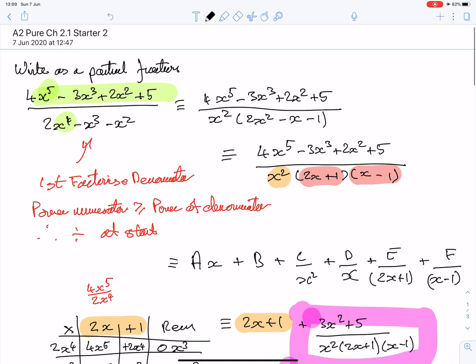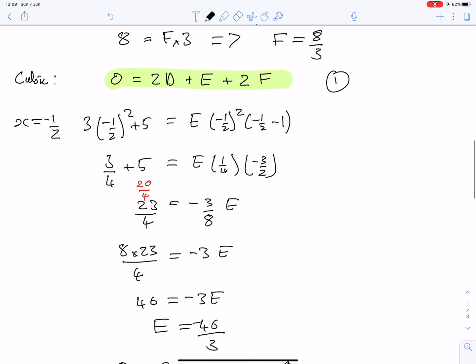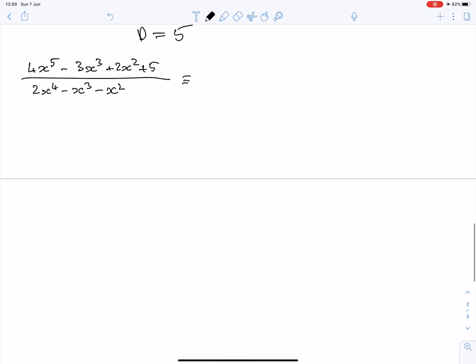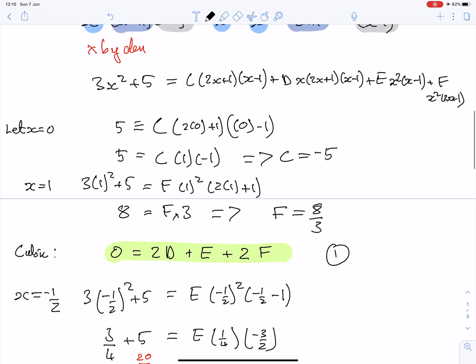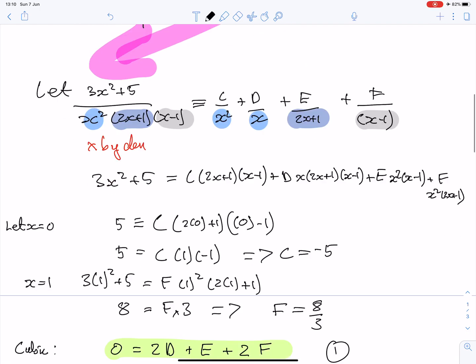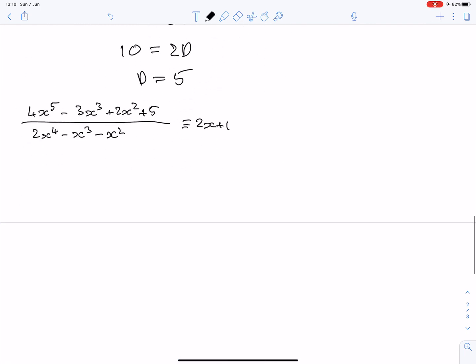Yep. Now, ax plus b was 2x plus 1. So this is identical to 2x plus 1, plus our c value, which was minus 5 over x squared, plus d, which was 5 over x.